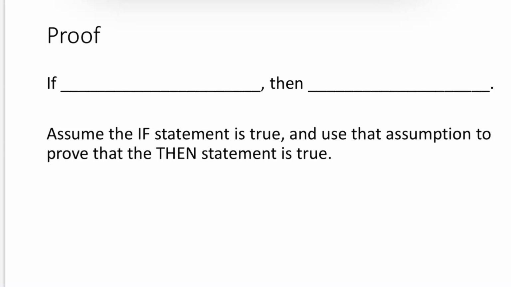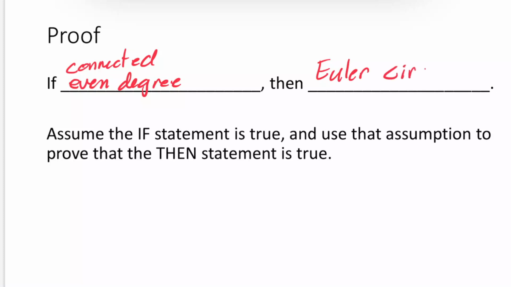So for example, in the circuit theorem, we would say if your graph is connected and all of the vertices have an even degree, then an Euler circuit exists. That would be the way you would rephrase it as an if-then statement.